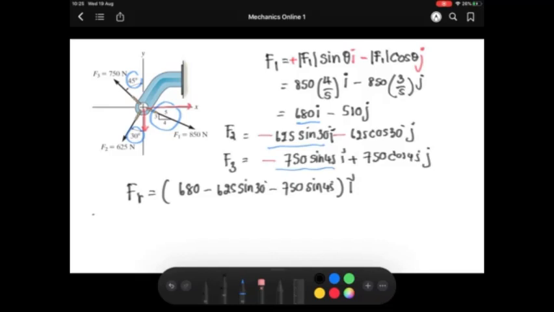And then we have minus 510 minus 625 cos 30 degrees, and then plus 750 cos 45 j.